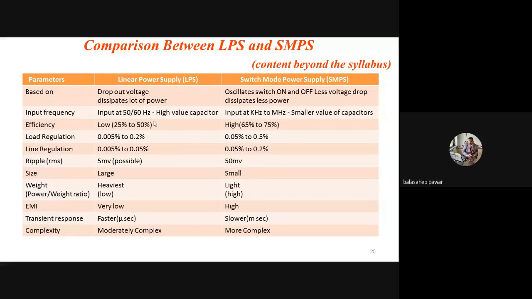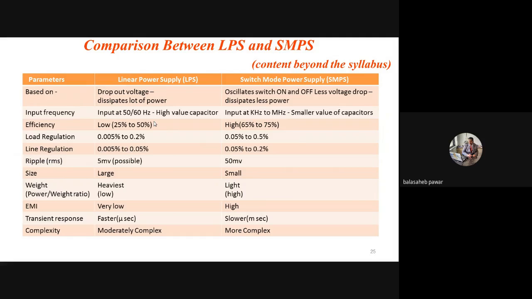Load regulation is 0.05% to 0.2% in the case of LPS, but in SMPS it is 0.05% to 0.5%. Similarly, in terms of line regulation also, SMPS is slightly poor as compared to LPS.